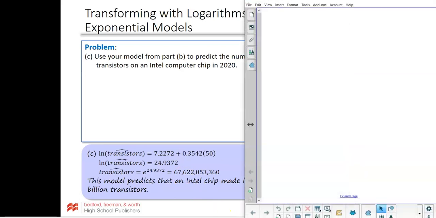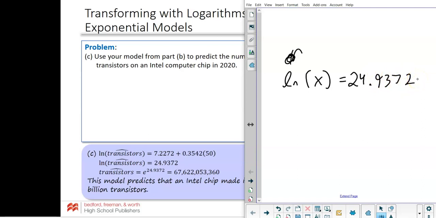Some folks, when they get to the line where it says natural log, I like to write it like this: natural log of transistors, I'm just going to use x there for the predicted transistors, equals 24.9372.